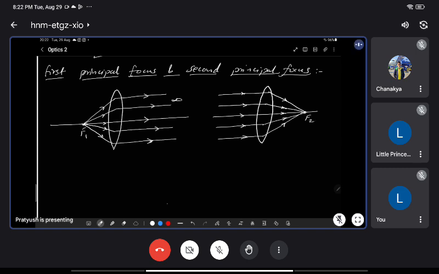This is F2. So this will be the second principal focus.